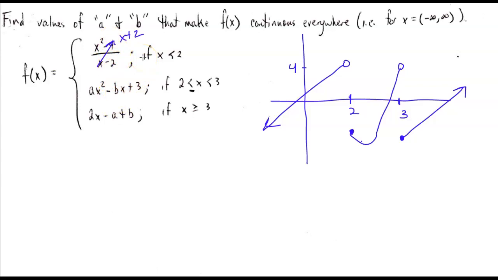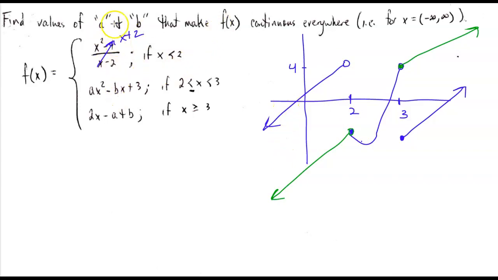Our goal is to find values of a and b so that this particular function would actually look something more like this. And I'm going to use a different color to draw in what we want. So here, we would like for this piece to be connected here and go up like that. And this piece here, we would like it to come down here and look like that.